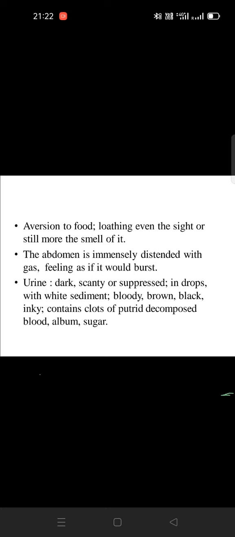Another symptom of Colchicum is aversion to food, loathing even the sight or the smell, more the smell of it. Why is there aversion? Because there is hyperosmia, and that hyperosmia will lead to the loathing.